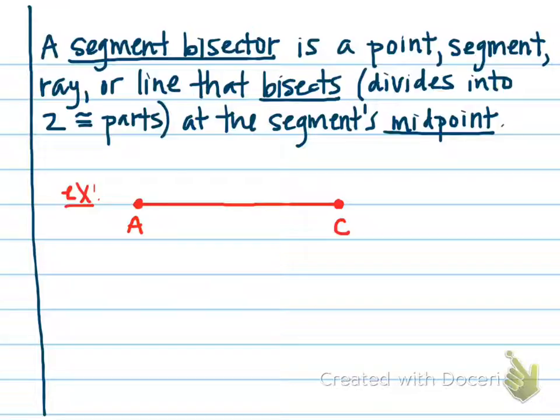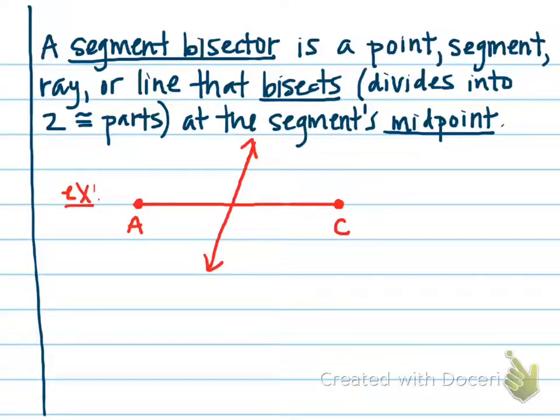So if I have, for example, this segment AC, and let's say I want to bisect it with a line. Note I can bisect a segment with a point, segment, ray, or line. Let's say somehow I figure out where the middle of that is. There's my line.